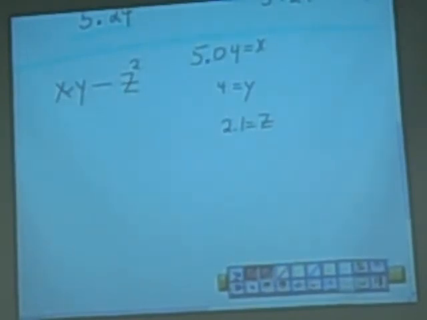Well, you first want to substitute in, right? 5.04, right? And what operation are we doing between the x and the y? Multiply, right? So we got to put parentheses. We're going to put a 4 in it, right? Minus, and then we're going to put 2.1 squared. Okay?